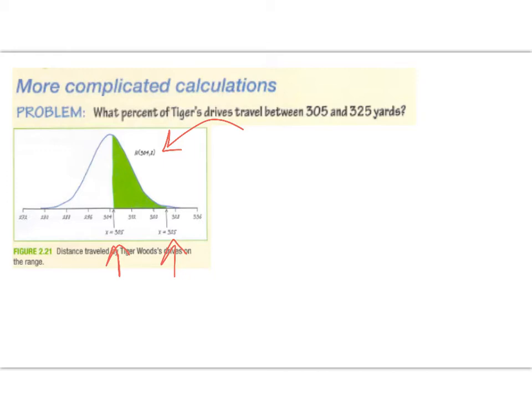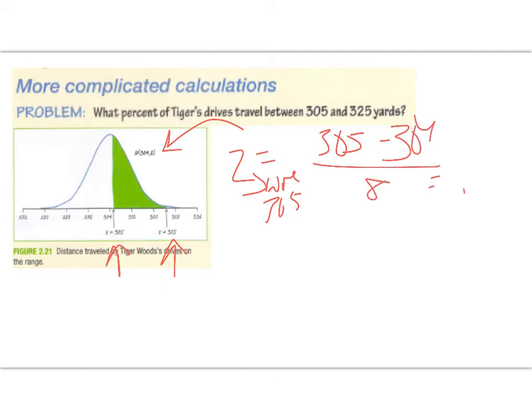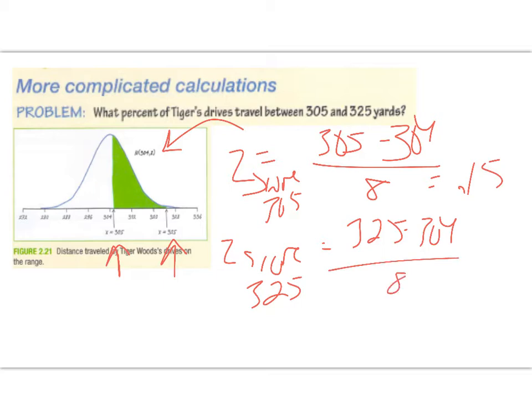Okay, so if I'm going to find my z-scores here, my z-score of 305 would be 305 minus 304 over 8, which is going to give us 0.15. And then my z-score of 325 would be 325 minus 304 over 8, which is going to give us 2.63. Okay, so you can go ahead and draw this out.